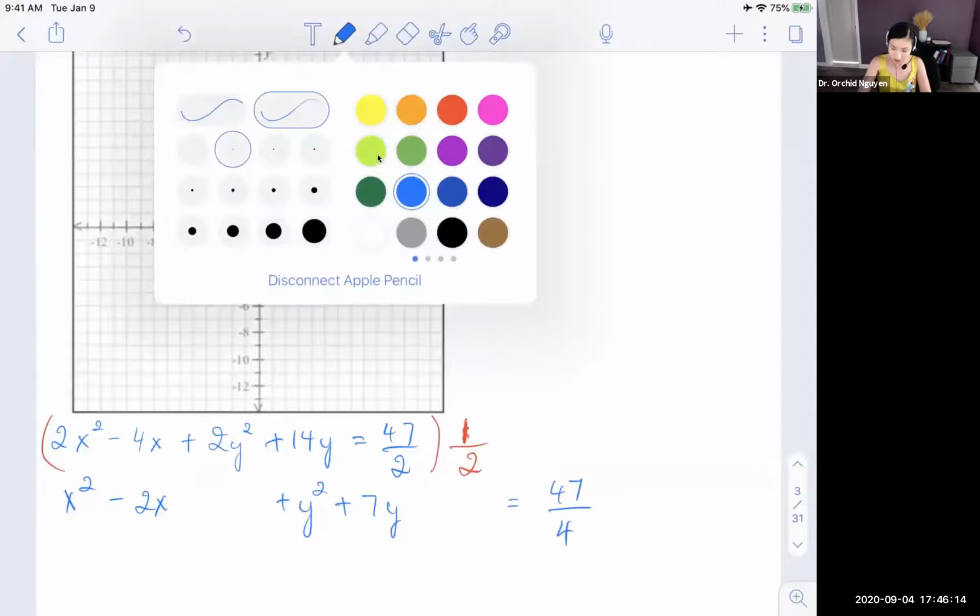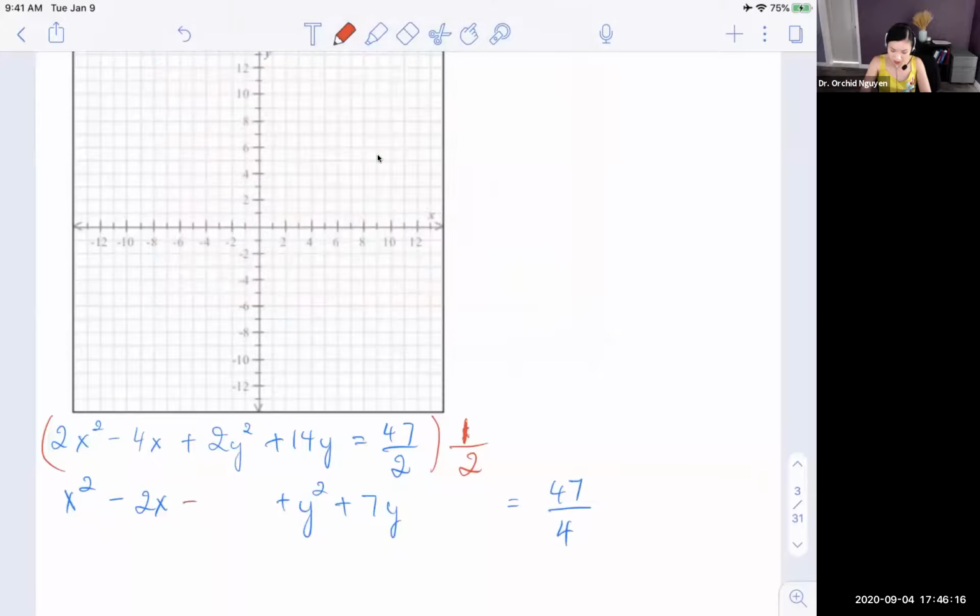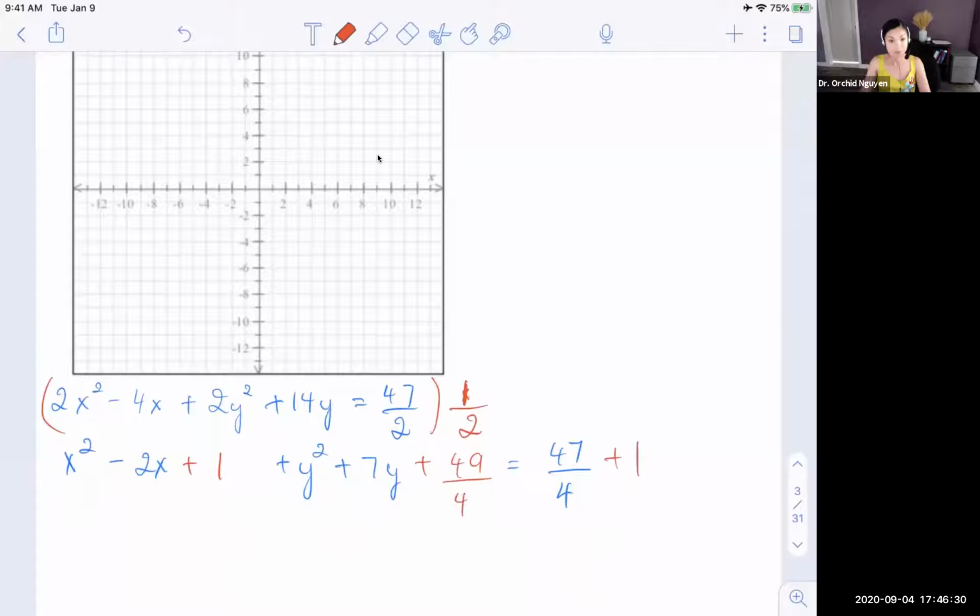Okay, we're going to complete the square now. So I'm going to divide by 2, square it, so we get 1. I have 1 here. 7 divided by 2 squared is 49 over 4. Okay, so I have 49 over 4.